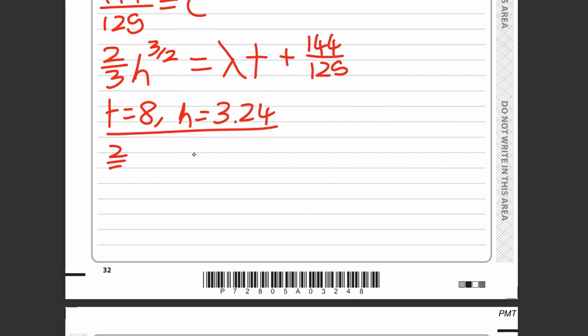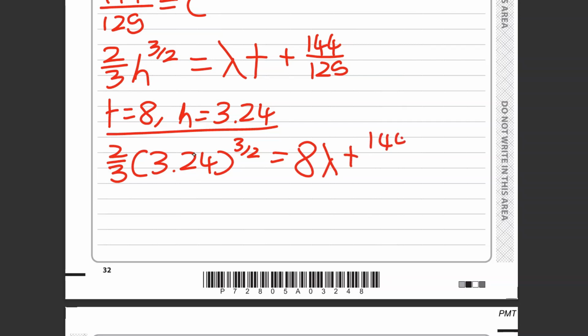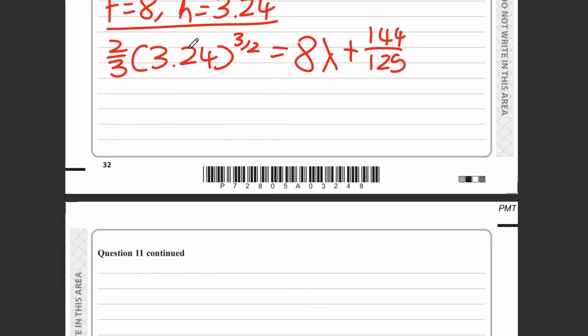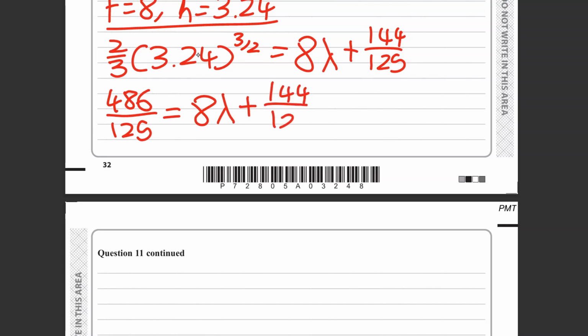So this is 2 over 3, and instead of h is this 3.24 to the power of 3 over 2, is equal to lambda times t, so t is 8, so this is going to be 8 lambda plus 144 over 125. So this here, if you put this into your calculator, is equal to 486 over 125, and this is equal to 8 lambda plus 144 over 125.